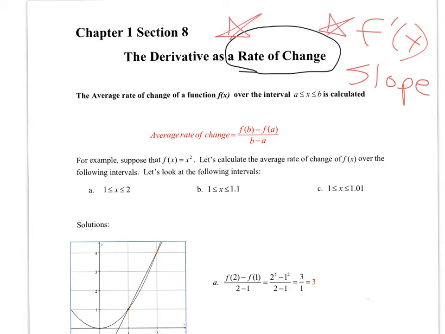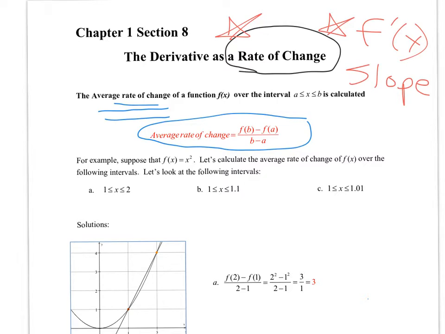All right, so given that, we're going to talk about one particular rate of change, and that is the average rate of change. The average rate of change of a function is calculated by this formula, which is just the equation for slope. So we need to define b's and a's.